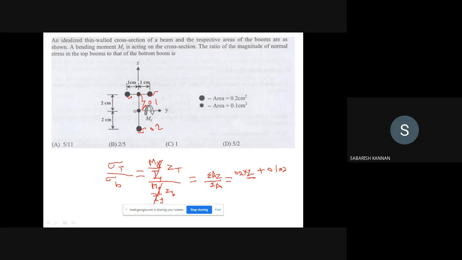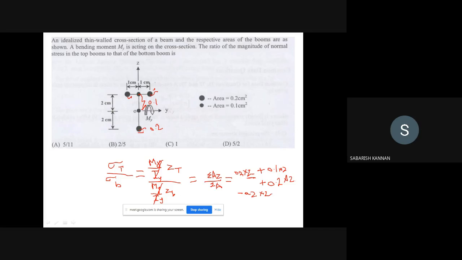That's why 0.2 into 2, plus 0.1 into 2, then 0.2 into 2 for the third one, and minus 0.2 into 2.